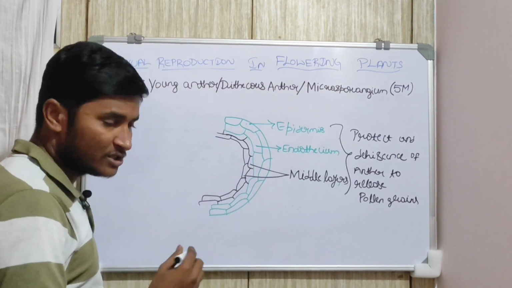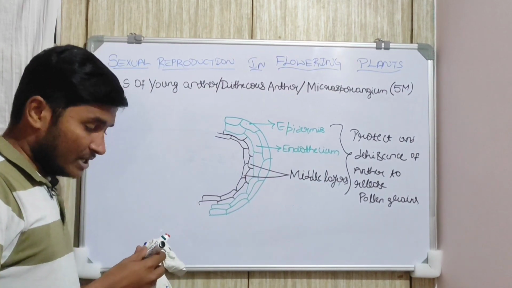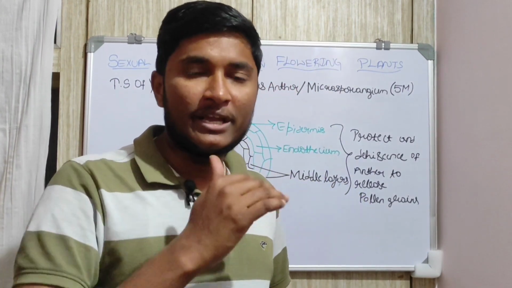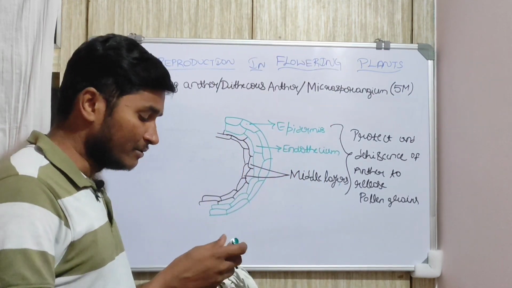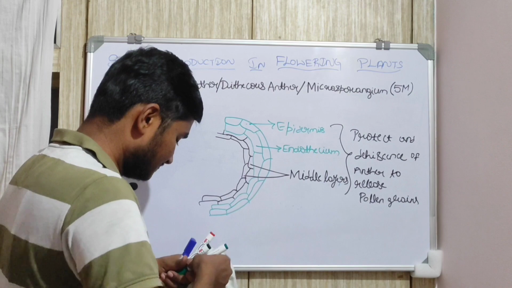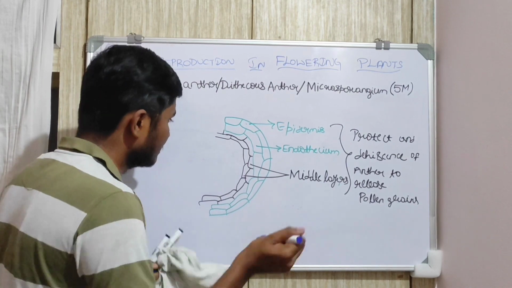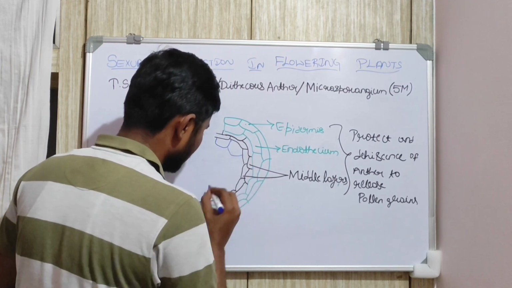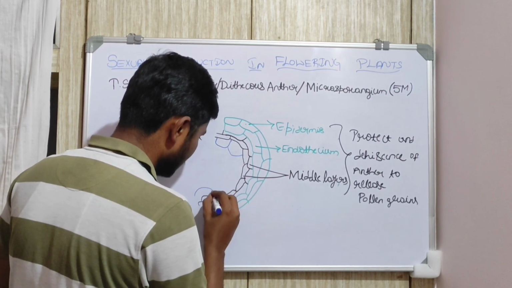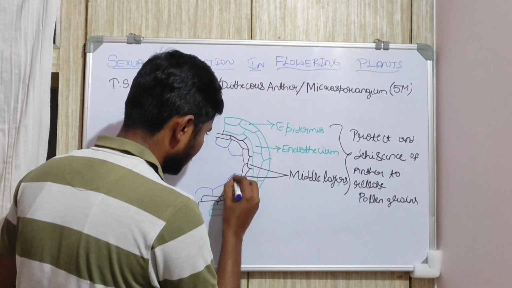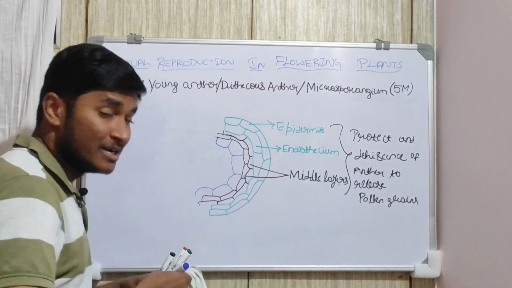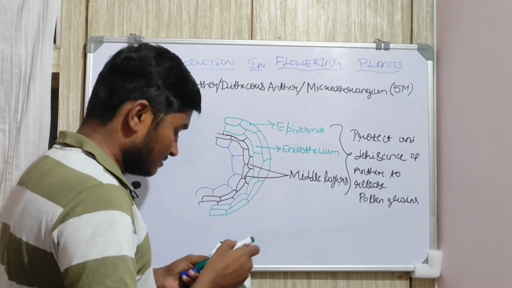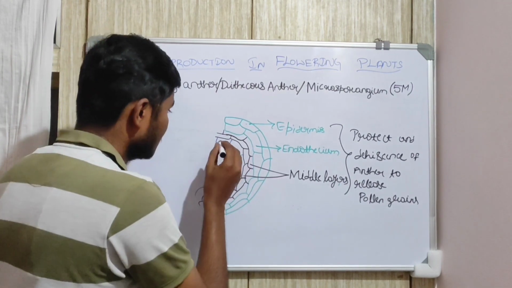The innermost layer is tapetum. It is also called nutritive layer because it supplies nutrients while the pollen grains are developing.